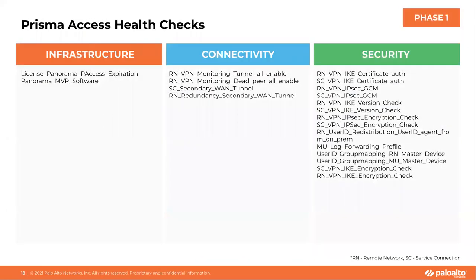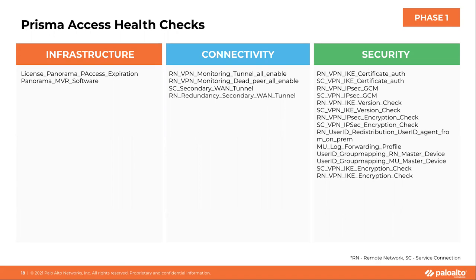Thank you. So we launched this feature in mid-June of this year. And during our phase 1, we added these health checks into the Prisma Access BPA report, right? And we added more and more health checks into the BPA report.